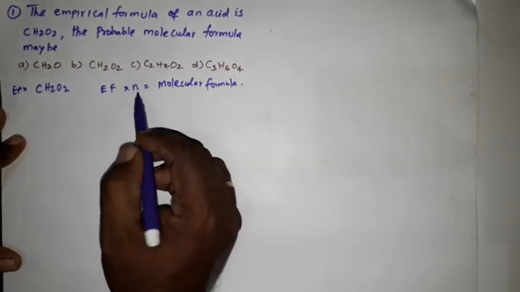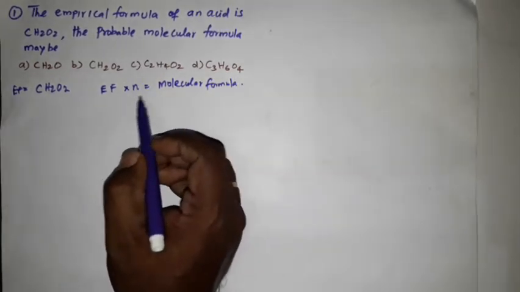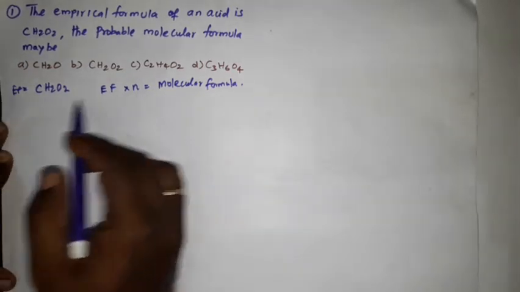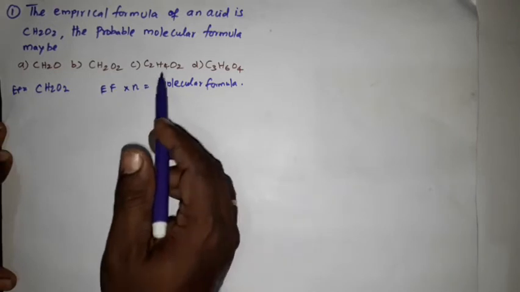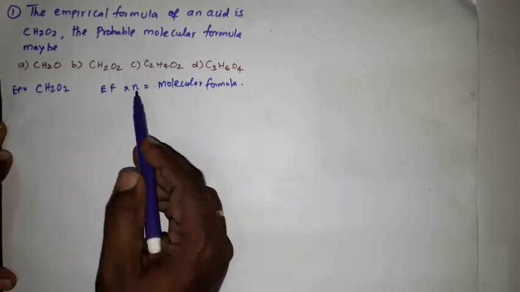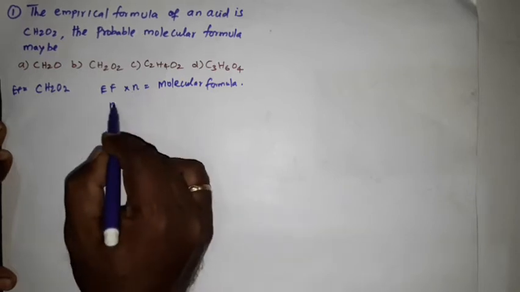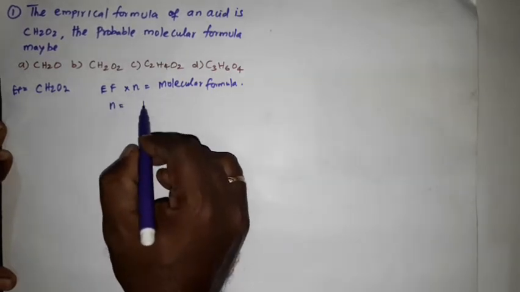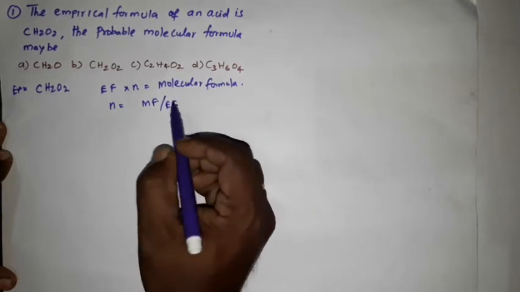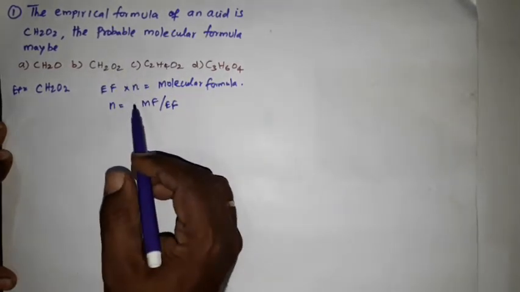So when you multiply a whole number with the empirical formula, you will get the molecular formula. But here there is no option given to calculate the whole number. The whole number n you will obtain by dividing the molecular mass by the empirical formula mass. But there is no molecular mass given.